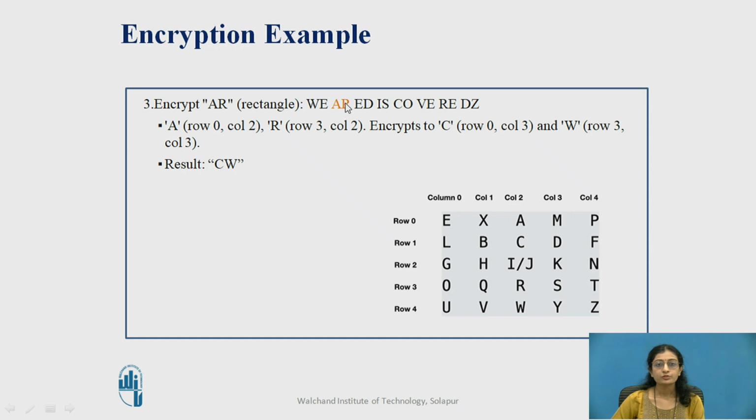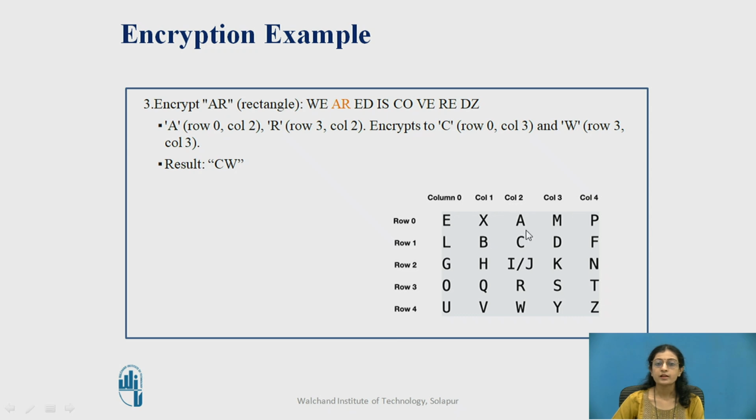Now let's move on to the second digraph, which is AR. Now let's locate the letters A and R in the matrix. So A is at row 0 and column 2, and R is at row 3 and column 2. So A and R both are in the same column.